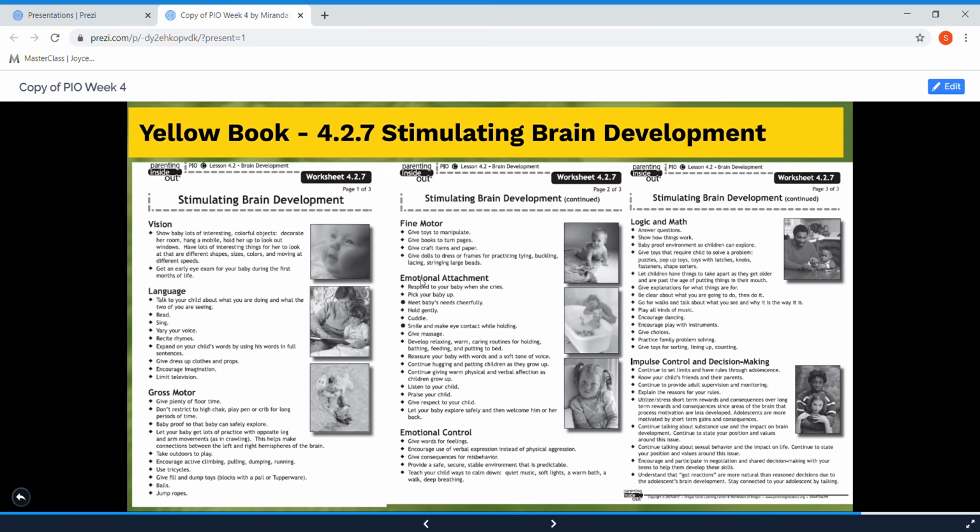Emotional attachments, emotional control, logic and math, and impulse control and decision making. So these are the different categories of brain development and all of the different ways that we need to put consideration into developing and encouraging and improving, helping our children to improve their brain development.